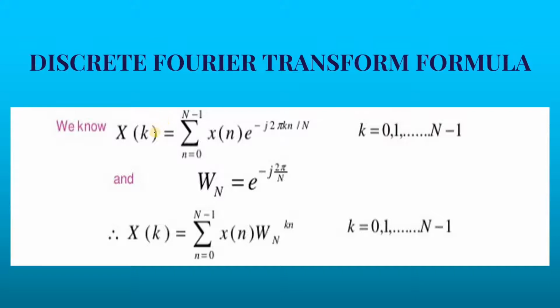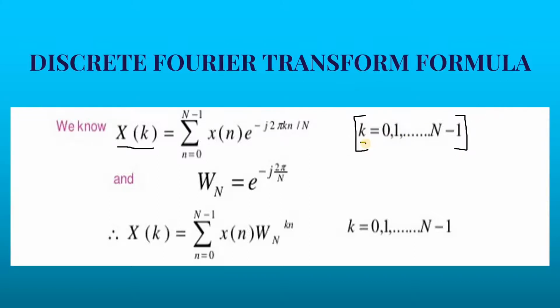Okay, let's see what is meant and what is the formula for the discrete Fourier transform. X of k is equal to the summation of small n equal to 0 to capital N minus 1, small x of n into e power minus j 2 pi kn by capital N. So here you can see the value of k, and actually this is the common term for k.